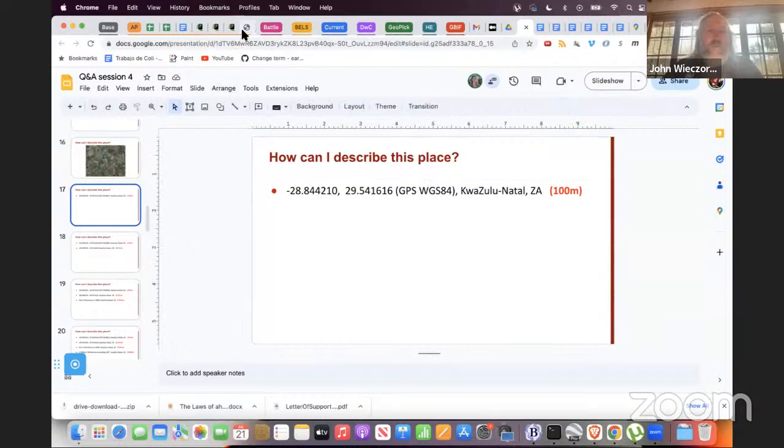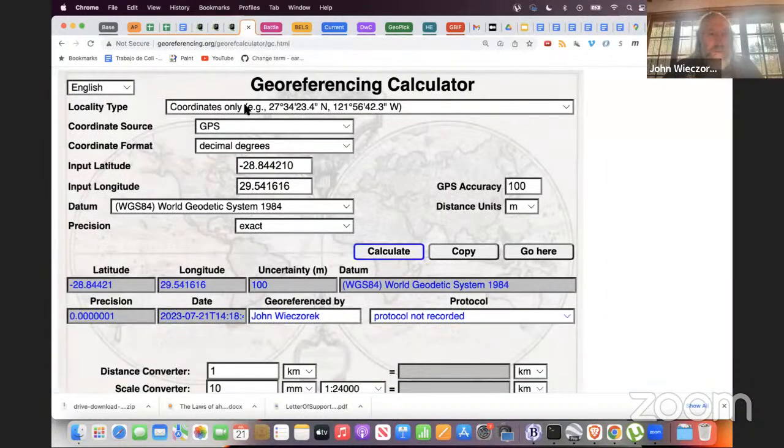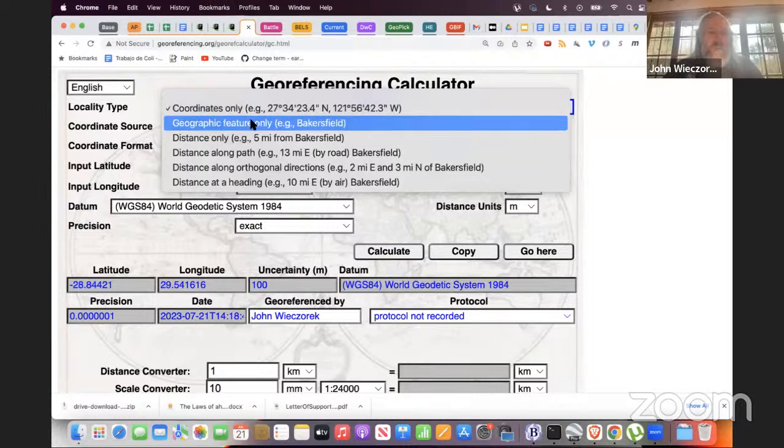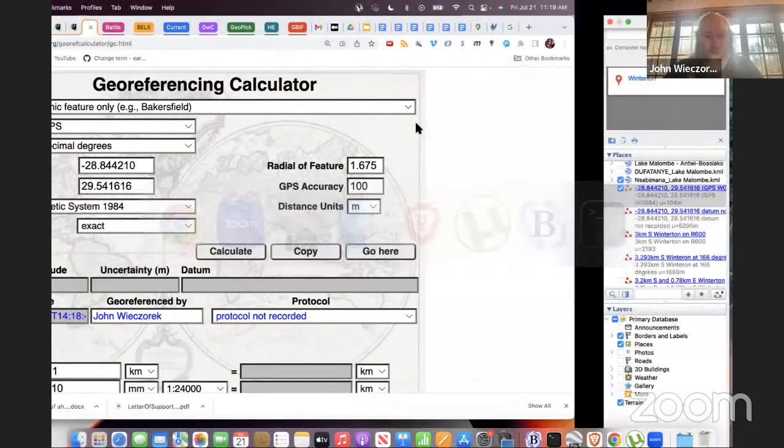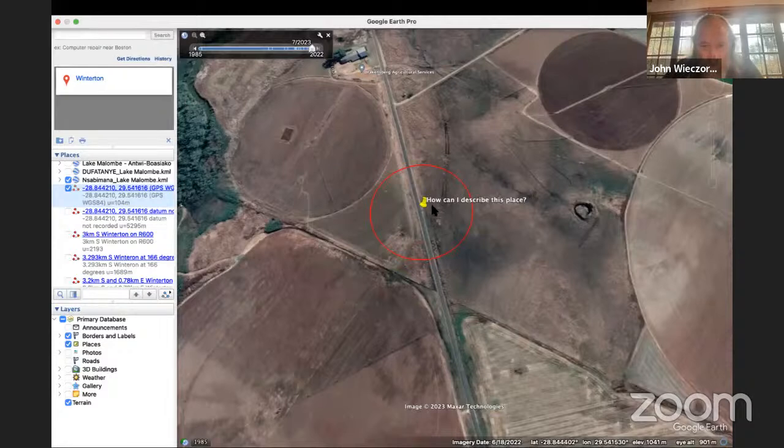Now, what about doing the description in the next calculator type, geographic feature only? Well, we don't really have a geographic feature in that portion of the map to go on. There's nothing to describe where that is. So I don't really have that option to describe that place with a geographic feature only.